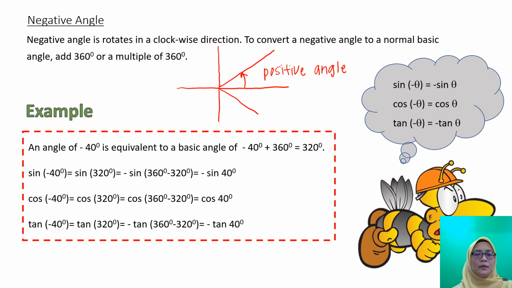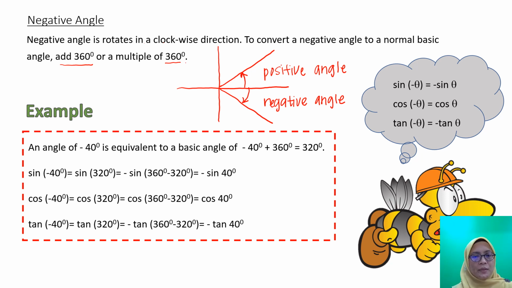Then kalau awak measure you punya angle using clockwise, so ini akan dapat negative angle. Okay, so kita nak tengok negative angle. So negative angle is rotate in a clockwise direction. So then to convert a negative angle to a normal basic angle, add 360 or a multiple of 360.